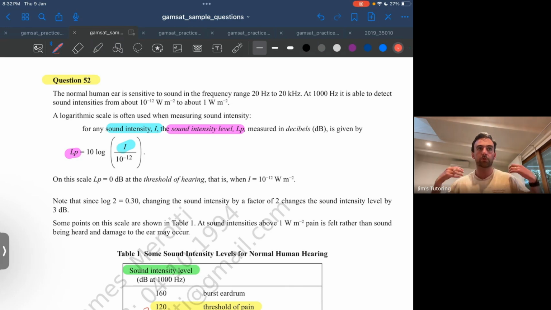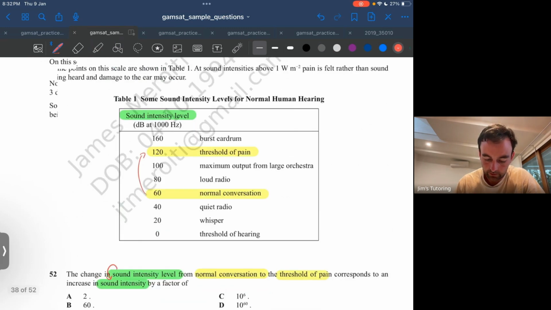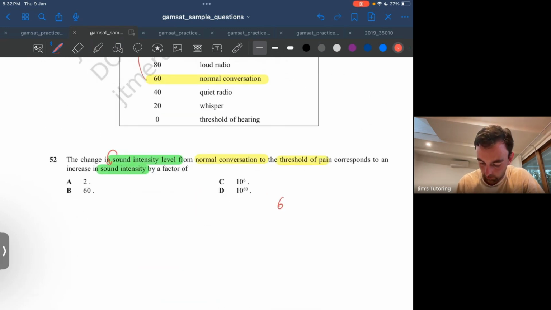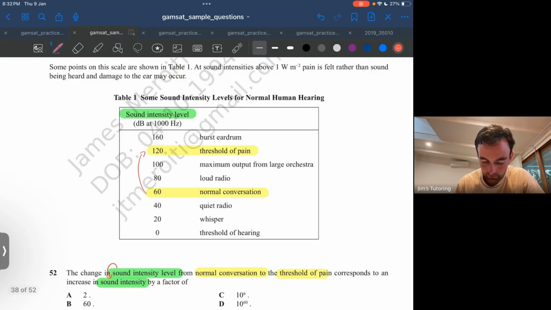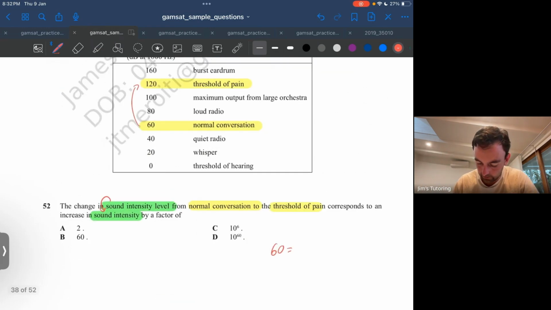So I think it's just good to simplify things as much as possible, but be very specific with what you're actually trying to work out. We now have 2 sound intensity levels, so we can apply this equation. I'll just do normal conversation because again, I'm comparing things. 60 equals 10 log.